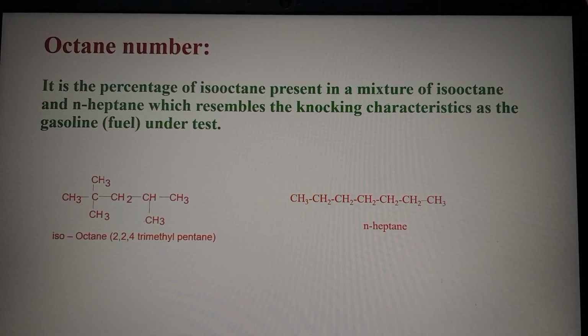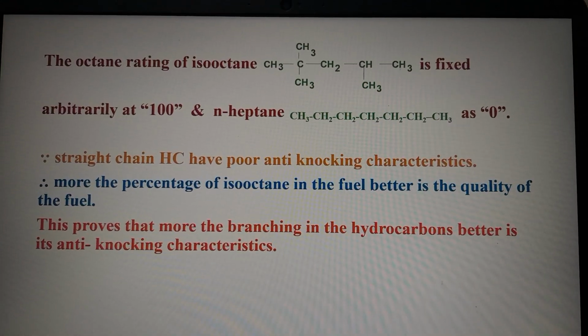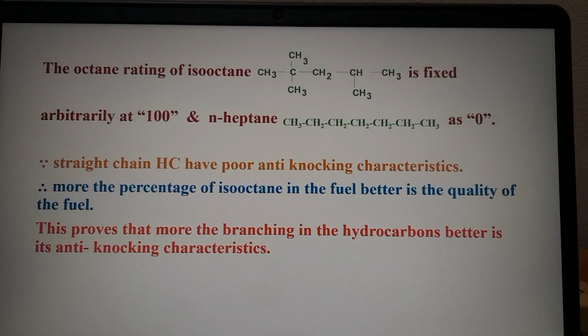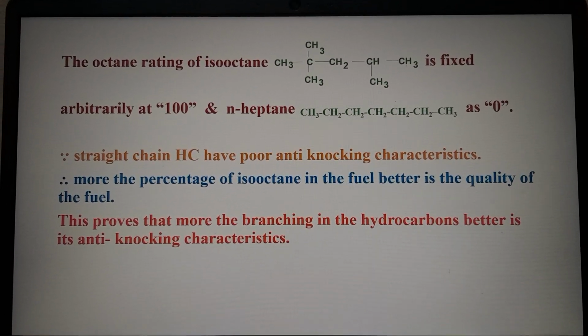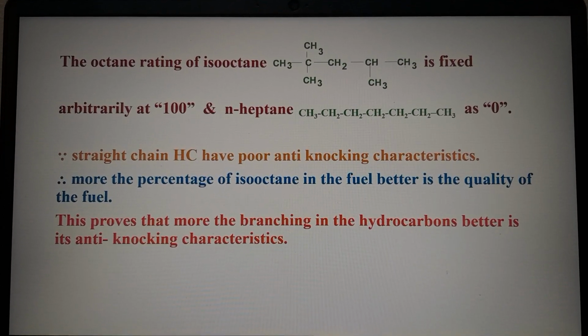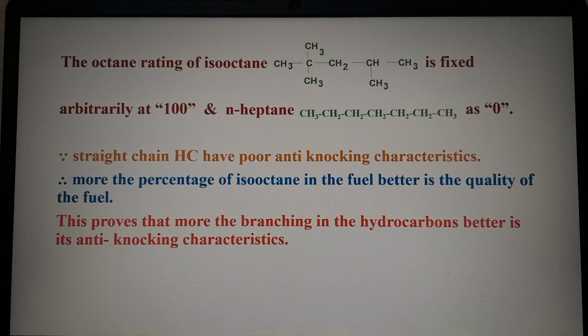Let us understand it even in more detail. As I have said, the isooctane, that is 2,2,4 trimethyl pentane, is arbitrarily fixed at 100, and the N-heptane is given a value 0.